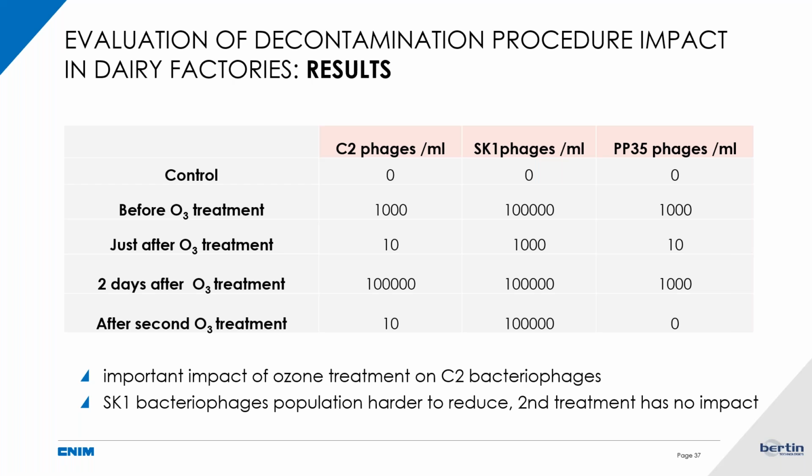So what they found was that there was an impact of this treatment with ozone. Even so, they were able to detect the presence of bacteriophage later. But today, we are not here to evaluate if the decontamination procedure works, because it works.